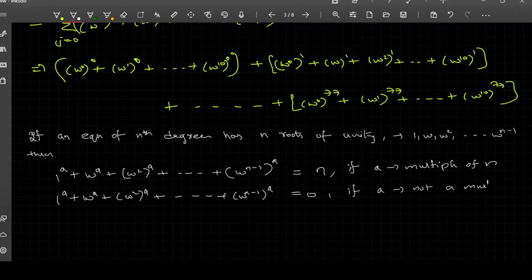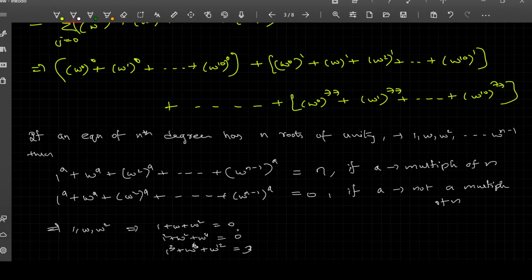You can take the classical example, cube roots of unity. So cube roots of unity are 1, omega, omega square, isn't it? If you just add them up, 1 plus omega plus omega square is 0, and raising each of the terms to the power of 2, that's again 0. Now if you raise them to the power of 3, 1 plus omega cubed plus omega power 6 is omega power 12, and this is actually 1, sorry, 3.